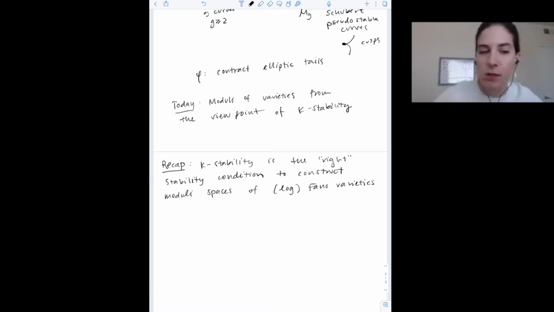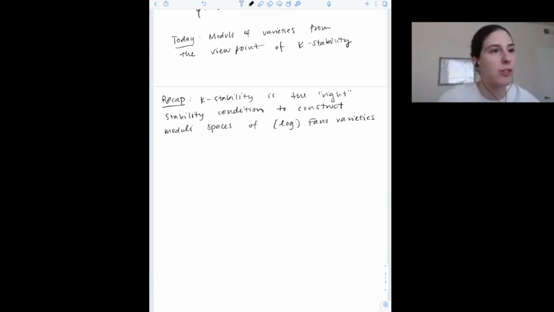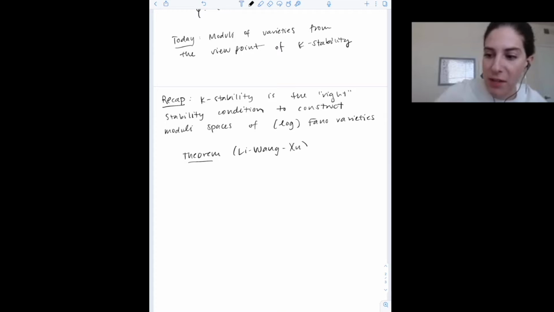And so this is really the content of something called the K-Moduli Conjecture, which has been recently just proven in generality, but perhaps I will give a weaker version of the statement to say what I mean here.